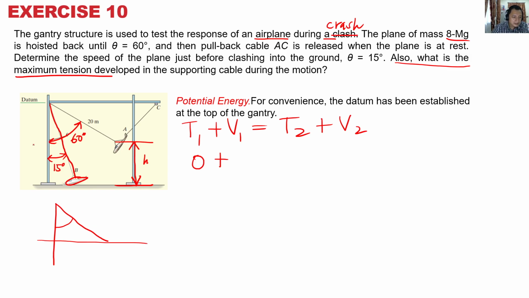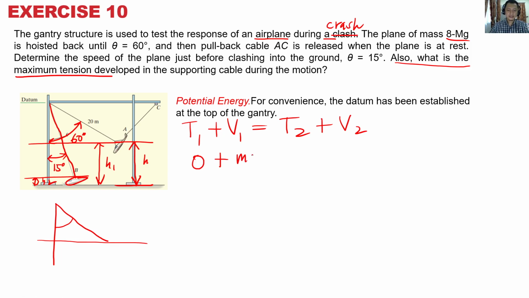You just have to find this one. This is H1. This is H2. Yup, you have to find that one.